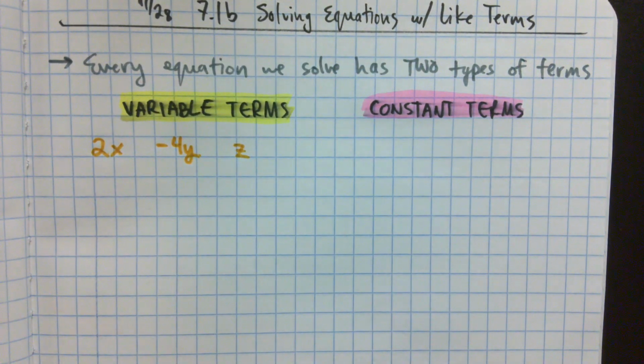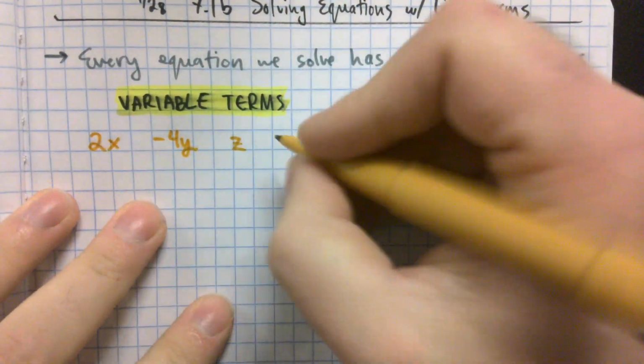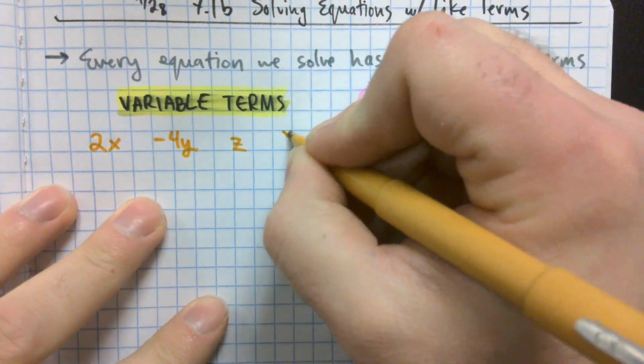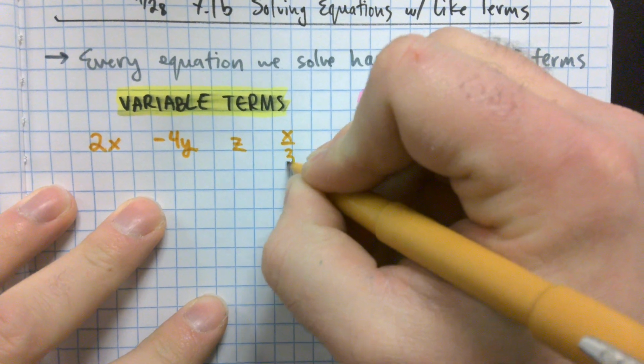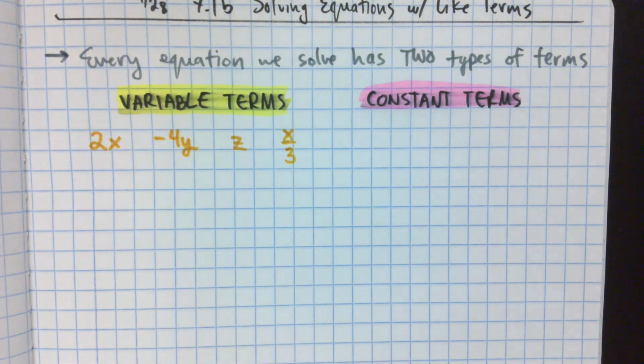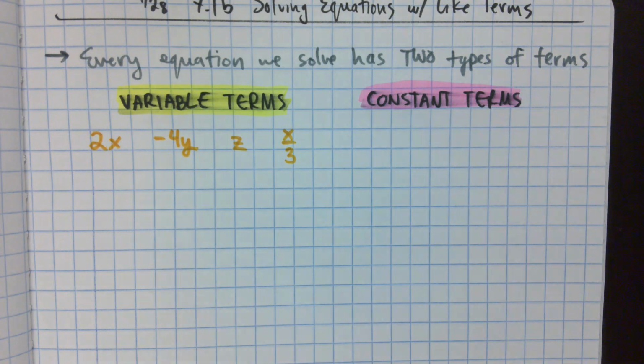Two x, negative 4y, z, x over 3. Those are all variable terms. What do all four of those terms contain? A variable. Pretty straightforward, right?